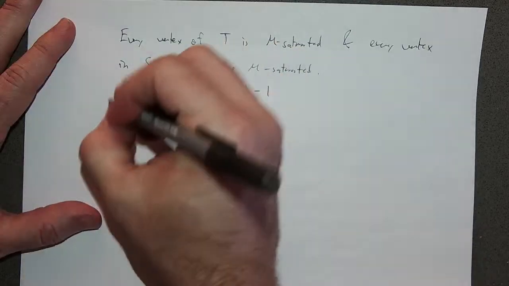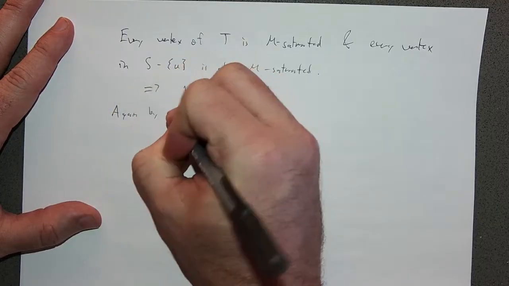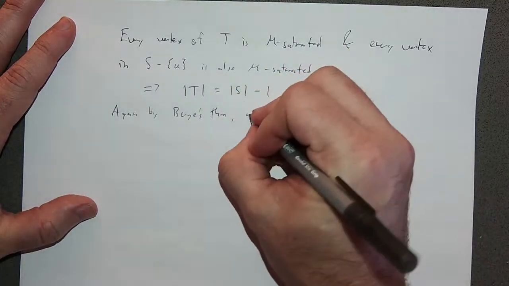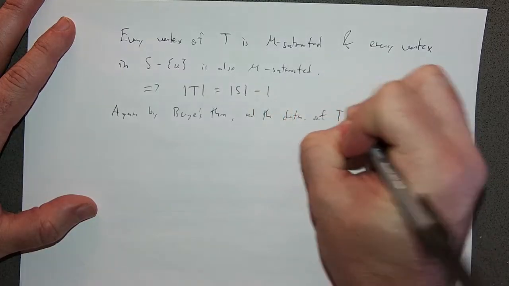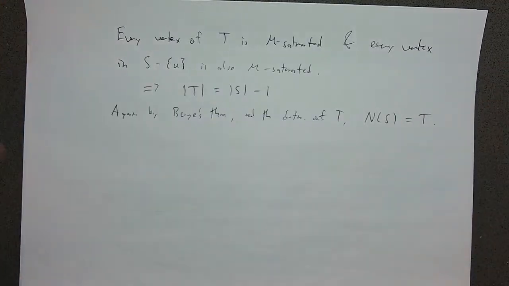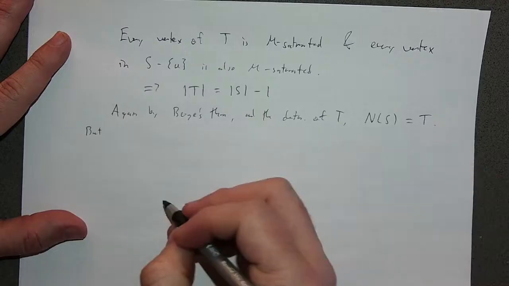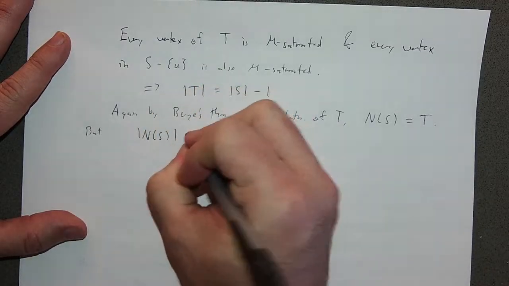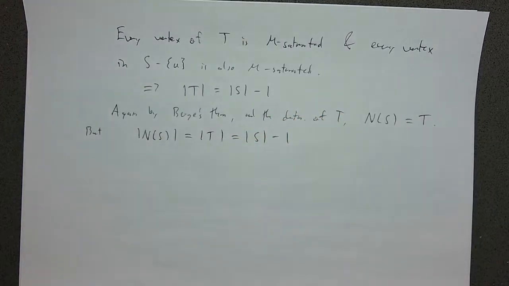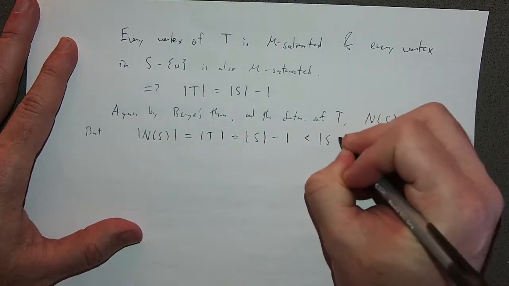But then, again, by Burgess' theorem and the definition of T, the neighborhood of S is simply T. In that case, the cardinality of the neighborhood is the same as the cardinality of T since they're the same set, which is the cardinality of S minus 1, which of course is strictly less than the cardinality of S. This is what we wanted here.